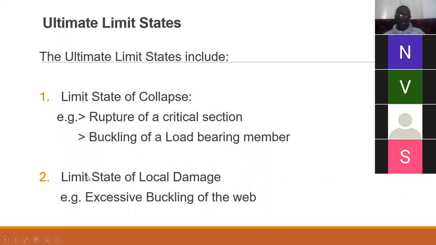The second limit state is called the limit state of local damage. A typical example is an excessive buckling of the web member.